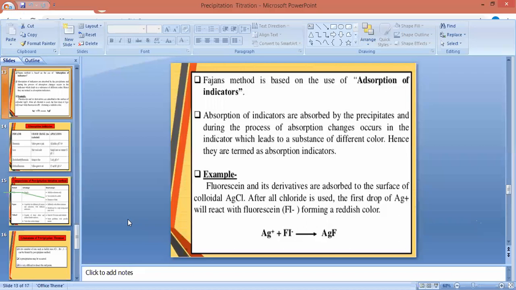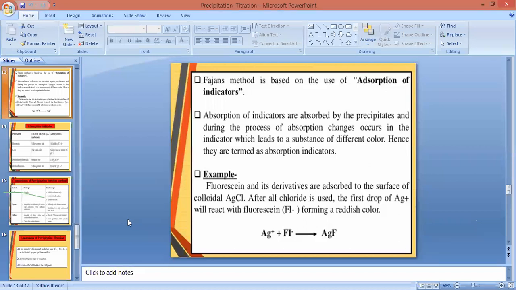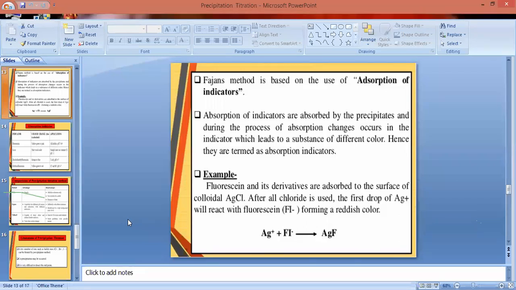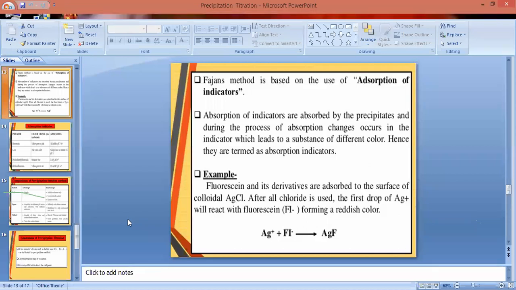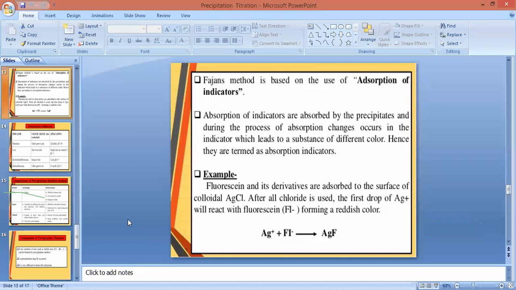So the Fajans method is based upon the use of an adsorption indicator. What do we mean by adsorption? It is the adherence of the indicator on the surface of the precipitate which is formed between the analyte and the precipitating reagent. So an endpoint will come where no more analyte is present in the conical flask to react with the standard reagent.